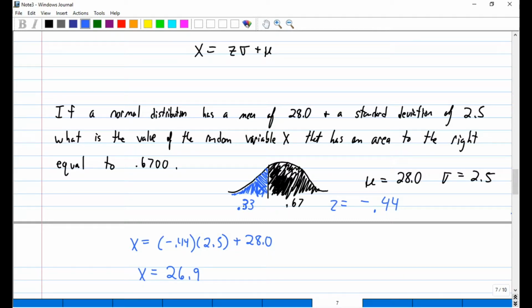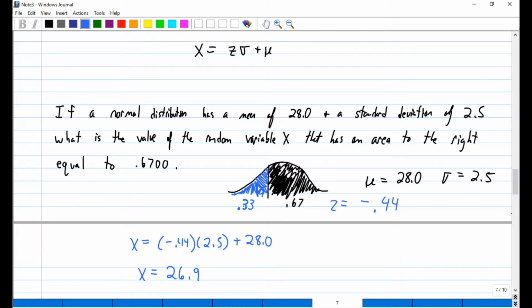Like the 10th percentile would correspond to an area of 0.1 under the curve. The 50th percentile would be right there at 0.5, would be the area under the curve. Now, percentiles are not z-scores, but percentiles do correspond over to z-scores.